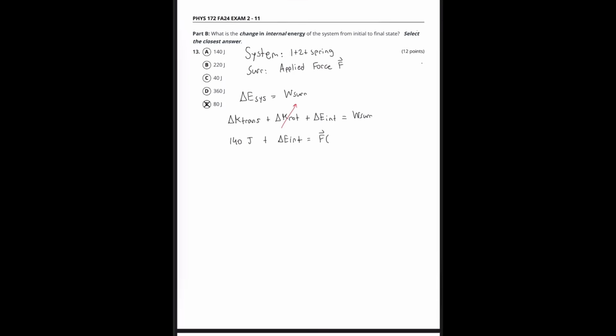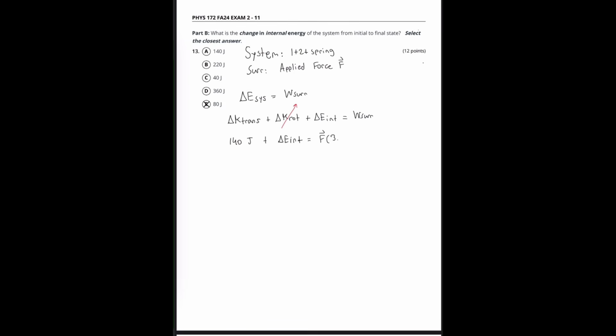So this will be 3.2 minus 1.0 meters times the force. So we have 140 joules plus the change in internal energy is equal to our applied force, which is 100 newtons, times 2.2 meters.